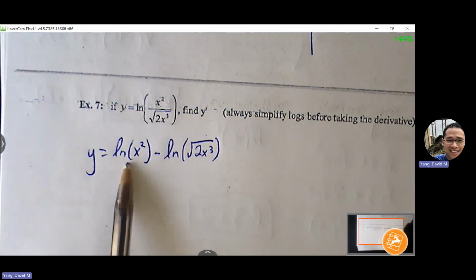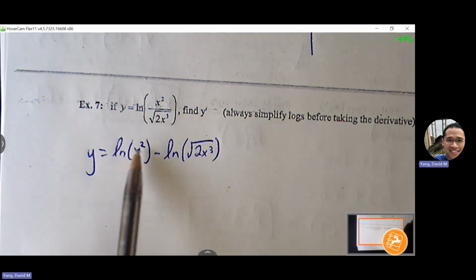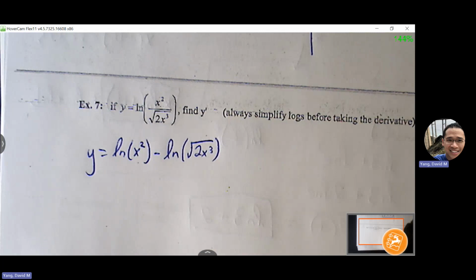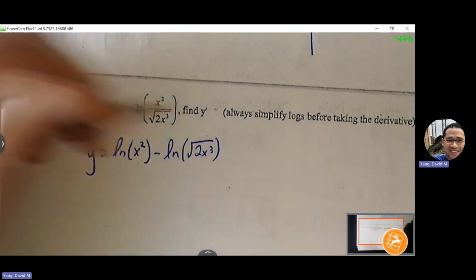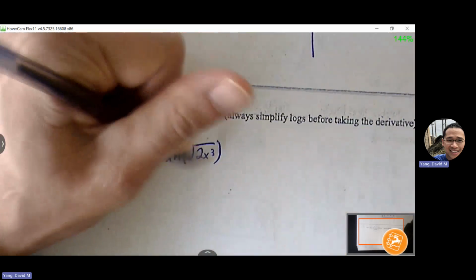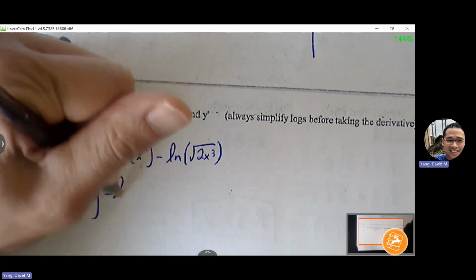This one, we can bring the 2 down, but anytime you feel like your u value feels easy enough for your derivative process, then that's when I would stop expanding. Sometimes it's not worth the effort to expand all the way if you feel like, oh, that u value doesn't look intimidating. I know I can find the derivative. But the second term, I would prefer to work a little longer with this.